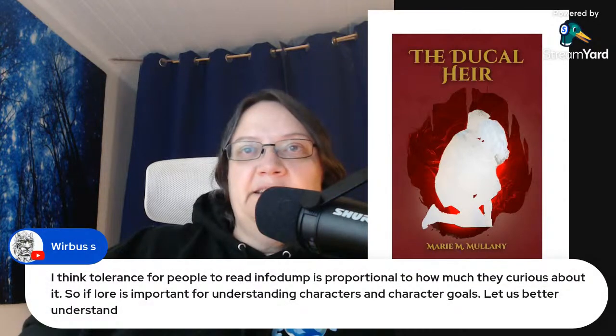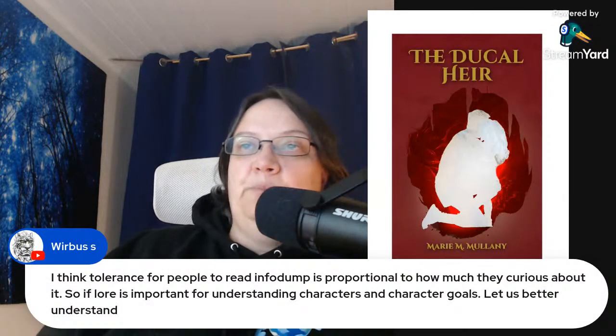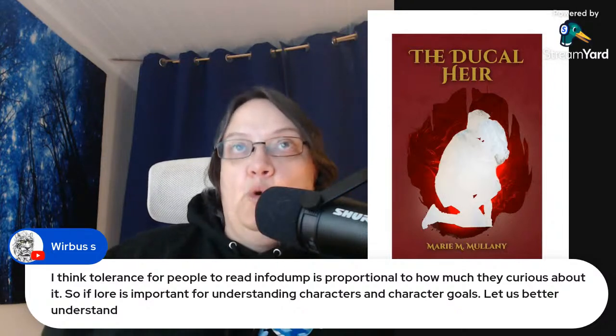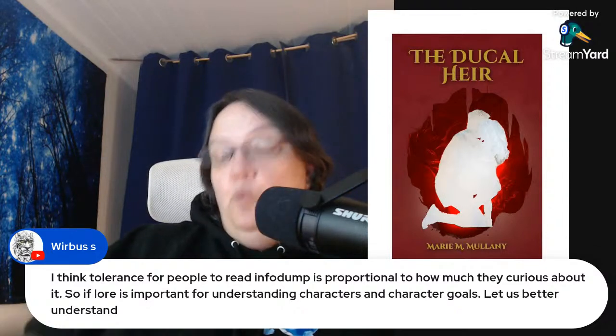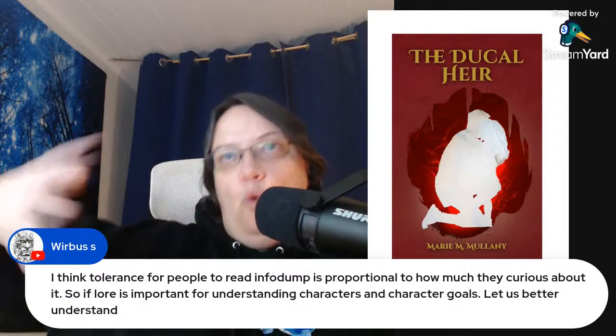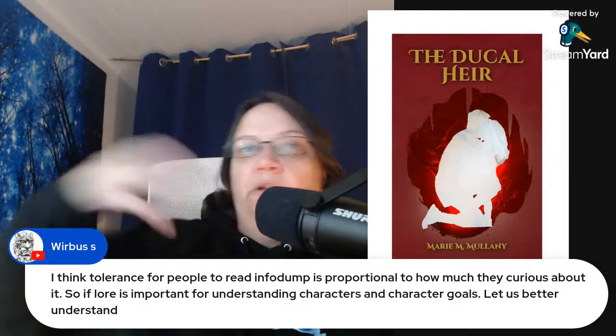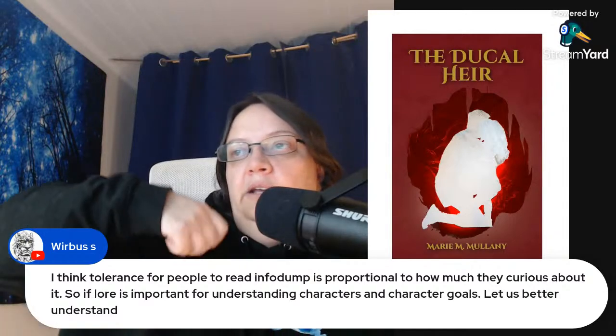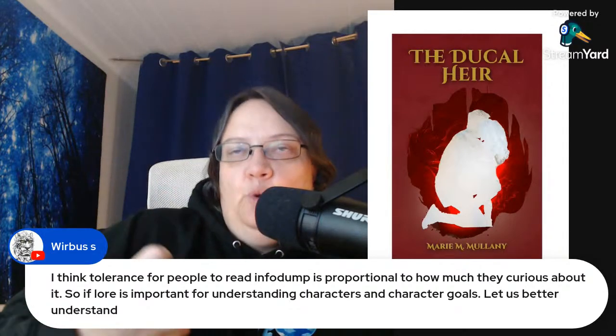Werbus says, I think tolerance for people to read infodumps is proportional to how curious they are. Yes, and that's why I say less is more, okay? Because you want people to stay curious. If you dump your whole world's lore up front, then people lose interest, okay? So what you want to do is bring people into your world gradually.